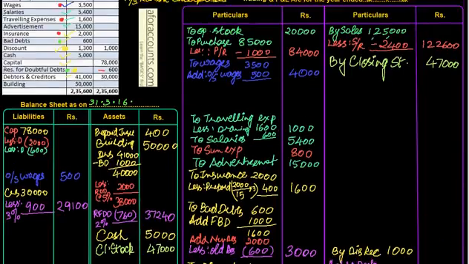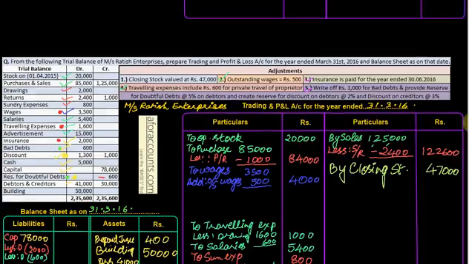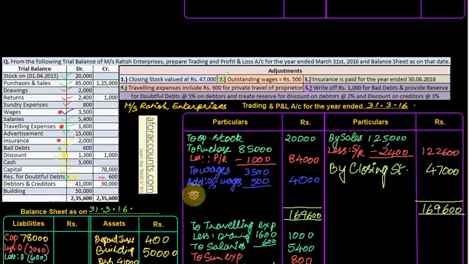Okay. Now start calculating your gross profit. So the total of your credit side is 1,69,600. Here also 1,69,600, and the balancing figure will be your gross profit.